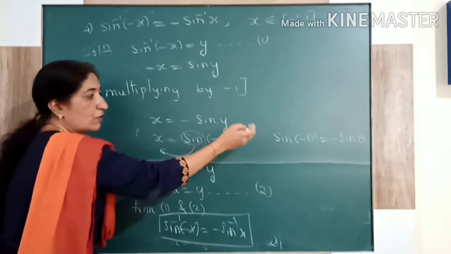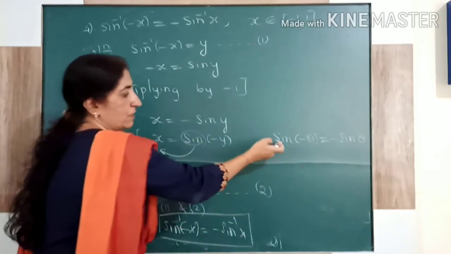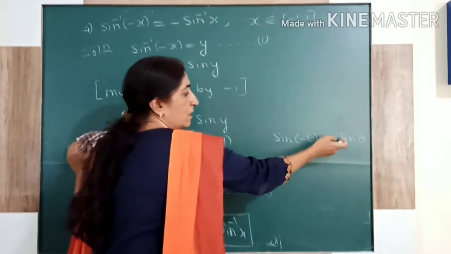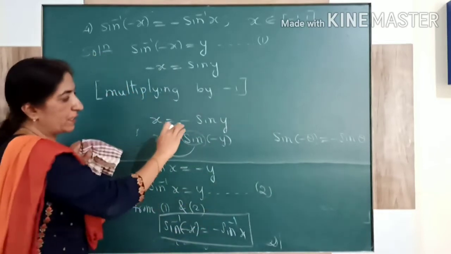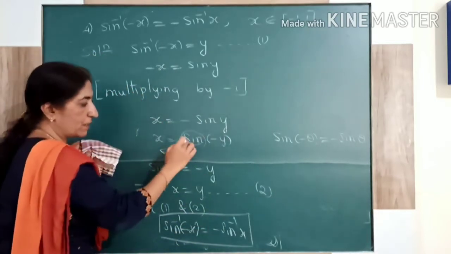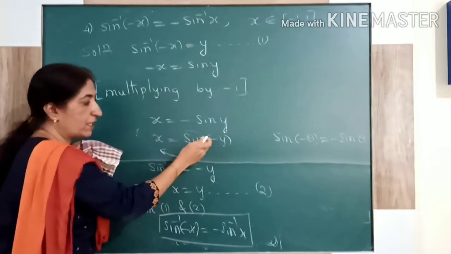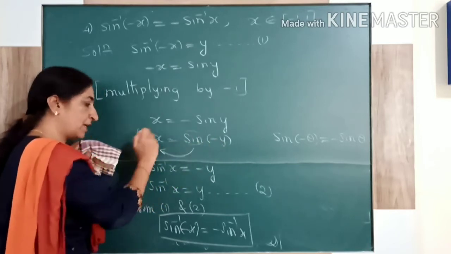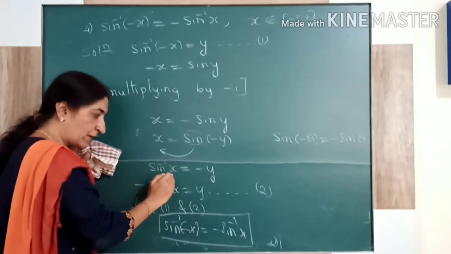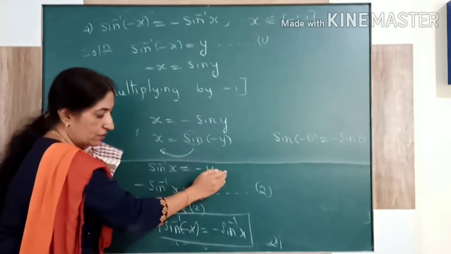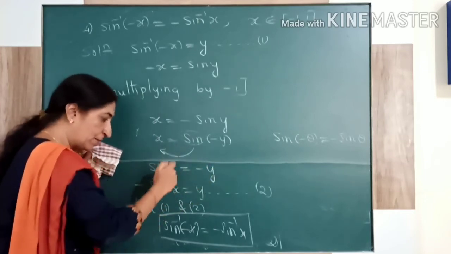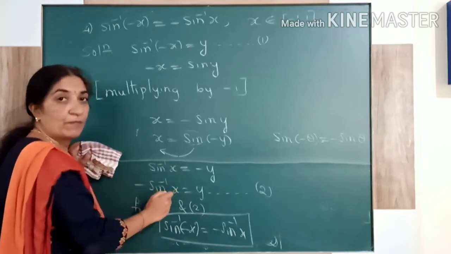After that, see that one formula we studied in the first year: sin of minus theta is minus sin theta. Apply that. Minus sin y will be written as sin of minus y. After sin of minus y, take only the sin part on this side. It will be sin inverse of x is equal to minus y. And after that, again multiply both sides by minus 1.